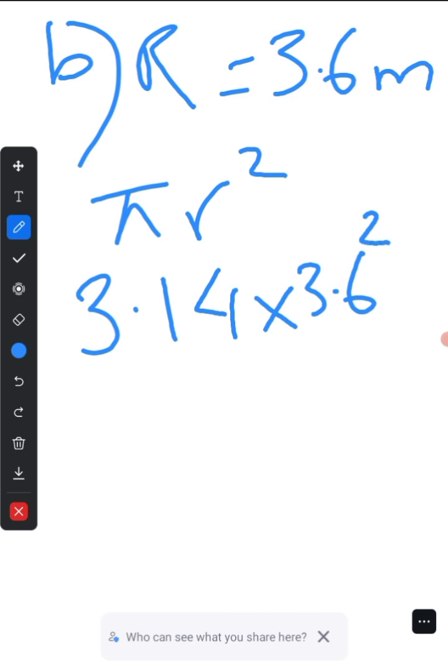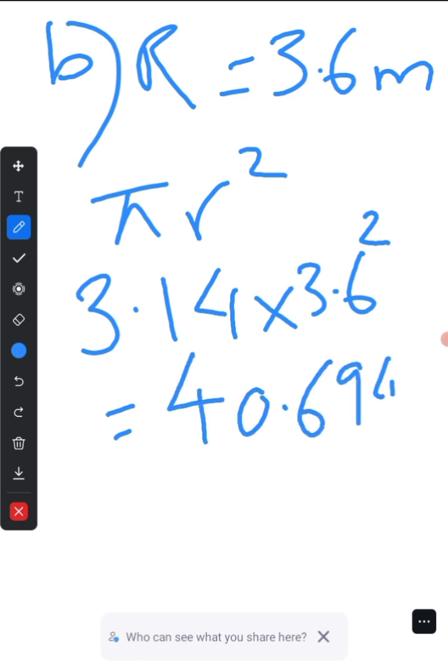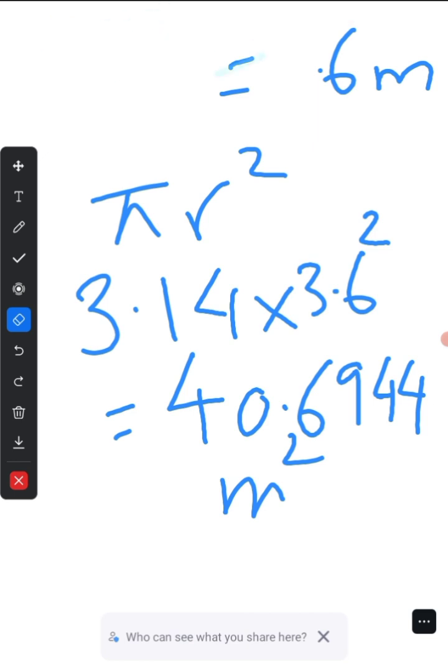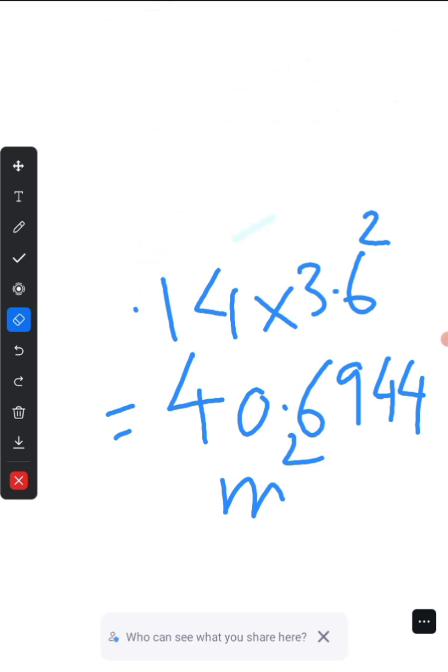Remember, 3.6 square means 3.6 multiplied by 3.6. So our final answer is 40.6944 meter square. I hope you all are able to understand.